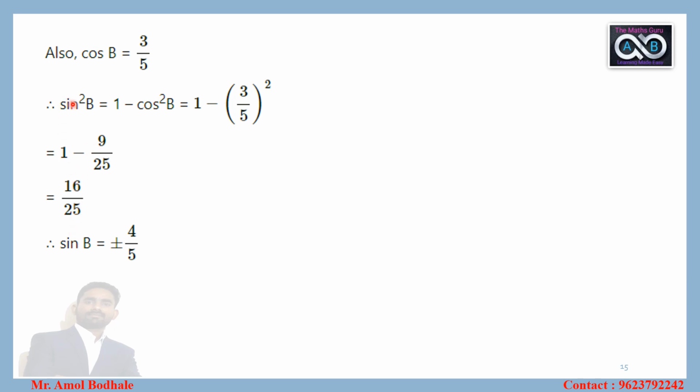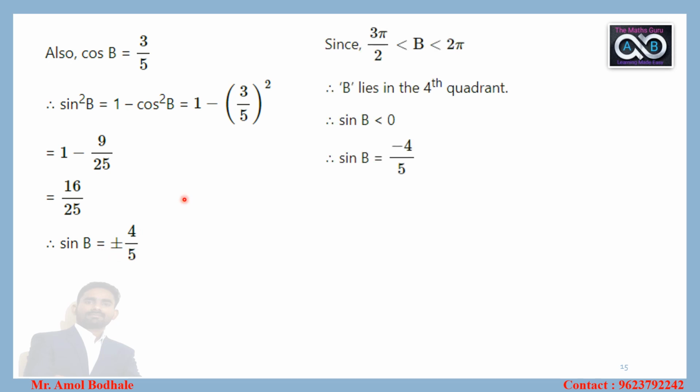So we get sin square B is 16 upon 25. If I take the square root on both sides, we get sin B equal to plus or minus 4 upon 5. But which answer can we accept here? Here B lies between 3 pi by 2 and 2 pi. That means B lies in the fourth quadrant, and we know in the fourth quadrant only cos is positive. That means sine should be negative. So sin B is minus 4 by 5.